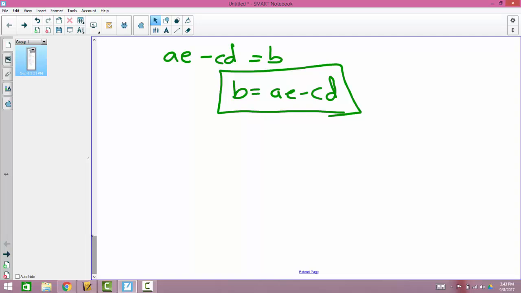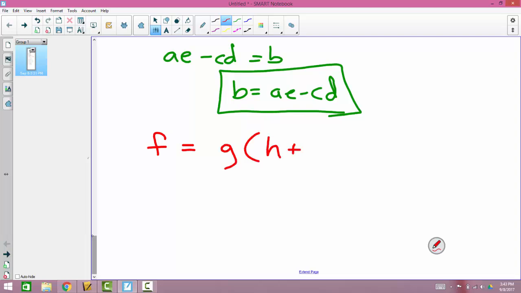We'll do another random one. F equals G times H plus J. Solve for G. Okay, this might be a tiny bit tricky. This whole thing is kind of considered linked together with the parentheses.